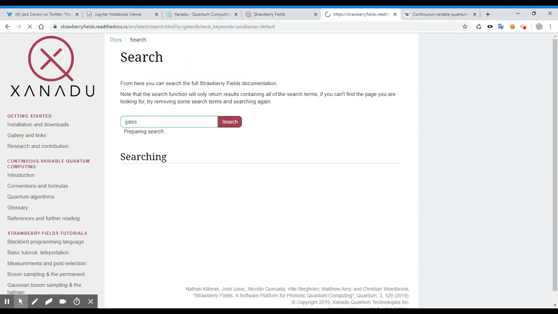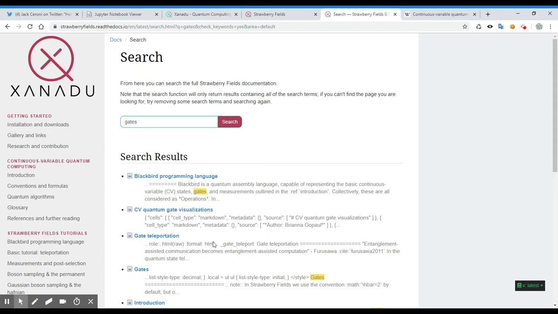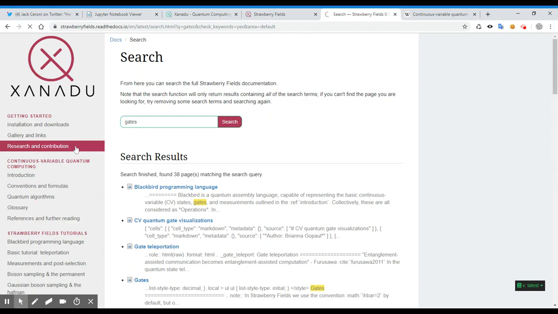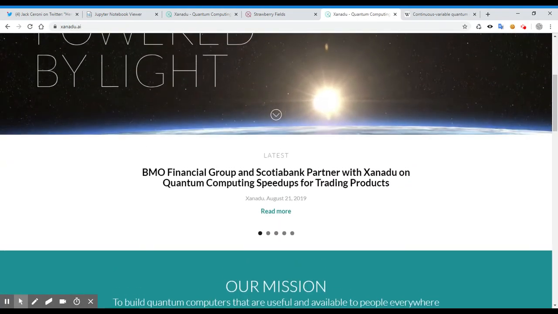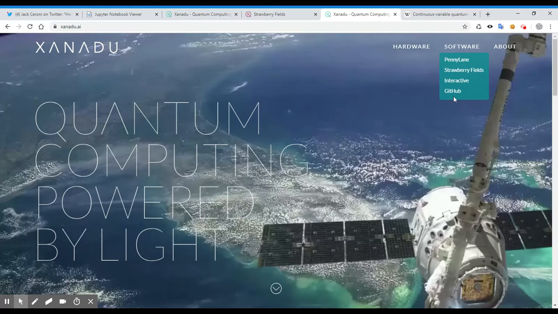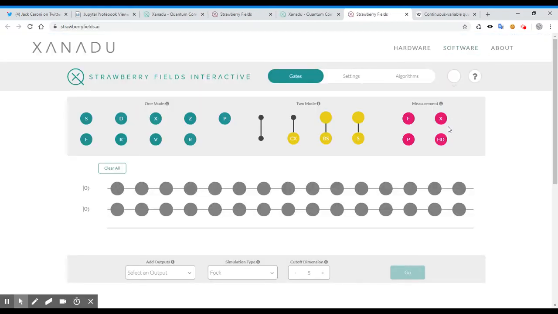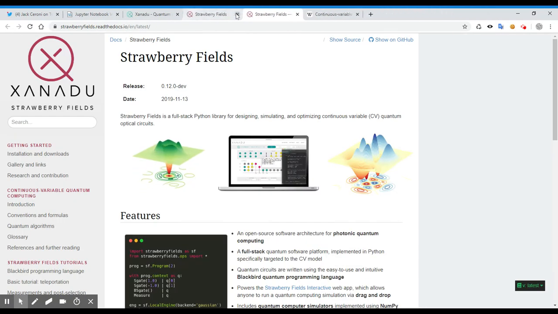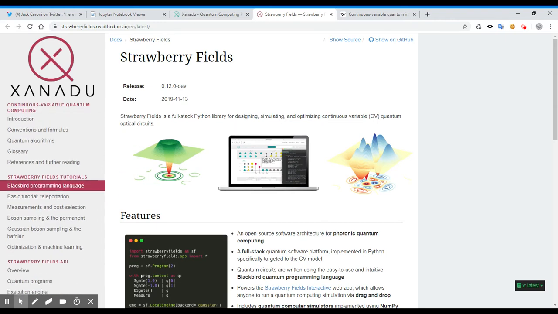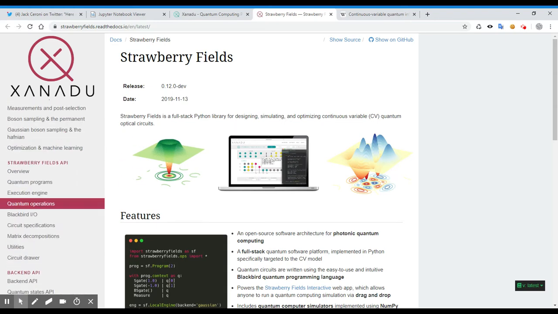Gates. Come on. Come on. Why does this docs? API.